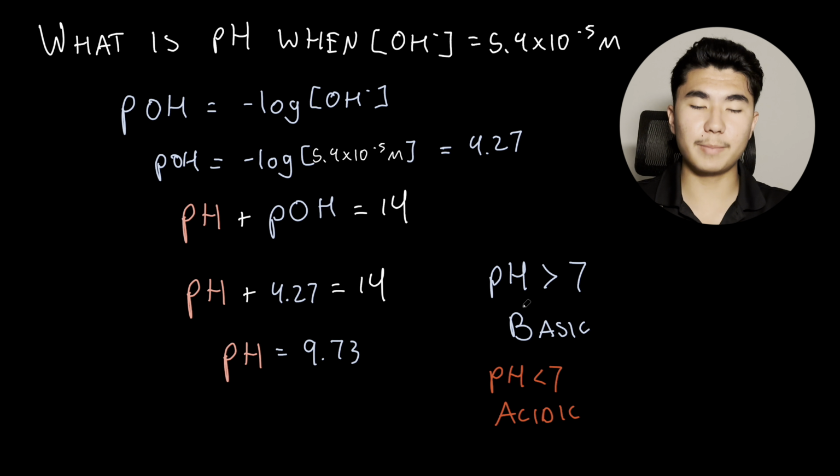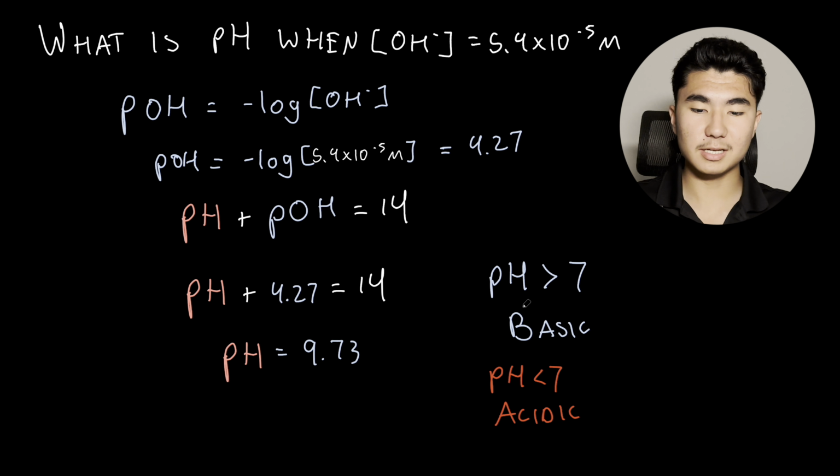Now, another word for basic is also alkaline, but this is something you have to realize, where our equilibrium pH, or just neutral pH, where our hydronium concentration equals our hydroxide concentration, then that is when we're at a pH of 7, because it's neutral. But if we have a pH greater than 7, it's going to be basic. If we have a pH less than 7, it's going to be acidic.